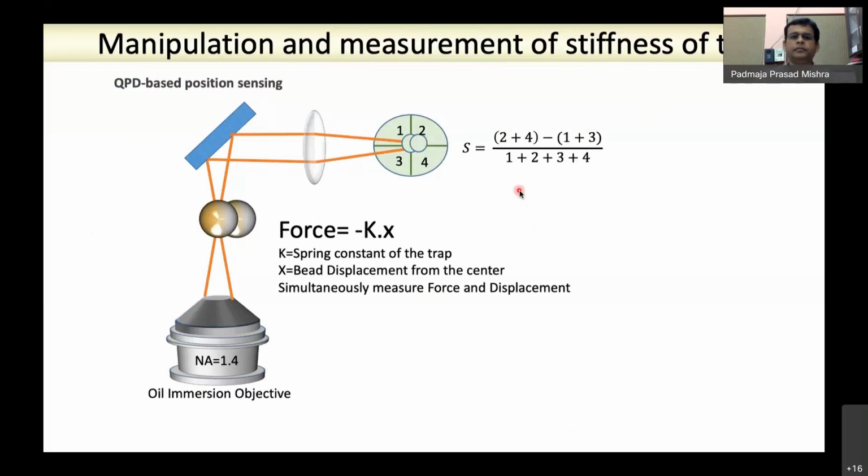Sometimes, how do you do a manipulation and measurement of stiffness of the trap?